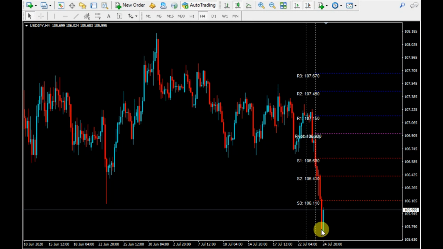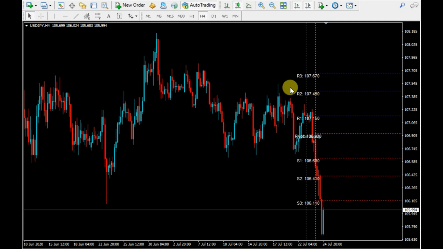You can find a couple of them on the MQL5 website. Just search for support and resistance indicator, and you will get a couple of them. Just download any one of them and drag and drop it on your chart.